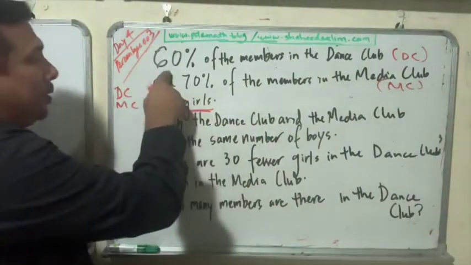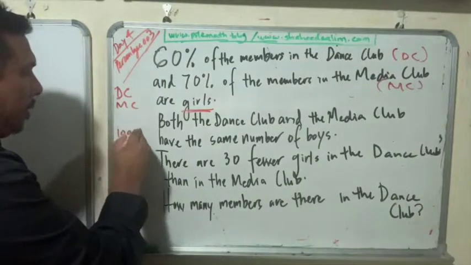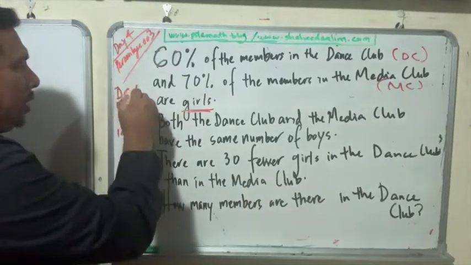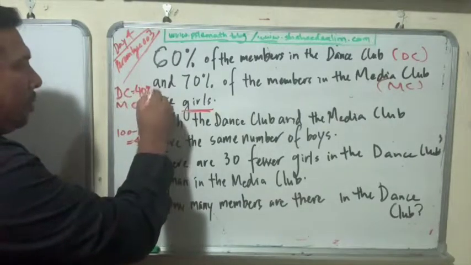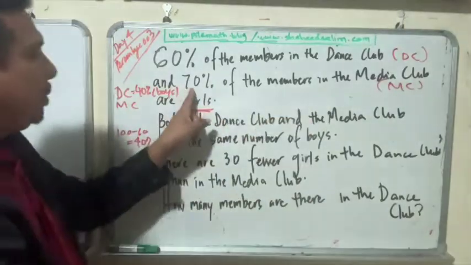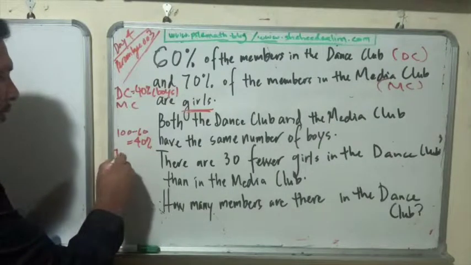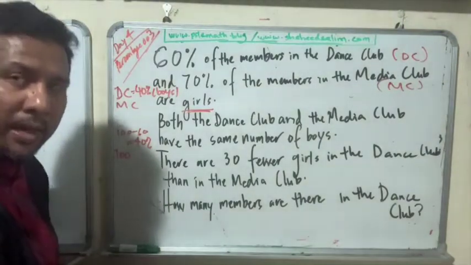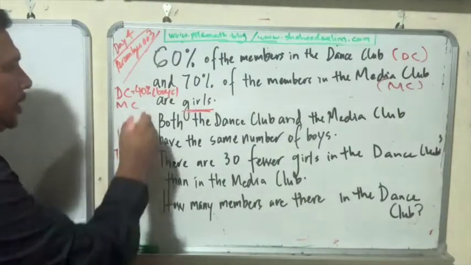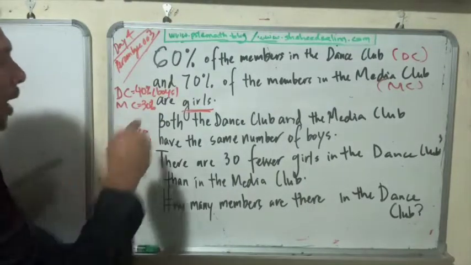Well, we take 100 minus 60, and you get 40%. So that means 40% are boys. In the media club, there's 70%. So we take 100% total number of members in the club minus 70%, you get 30%. So this 30% of the media club are boys.